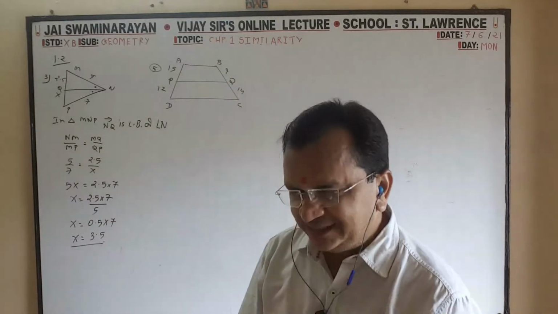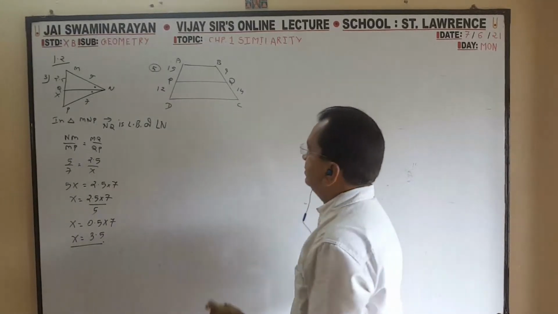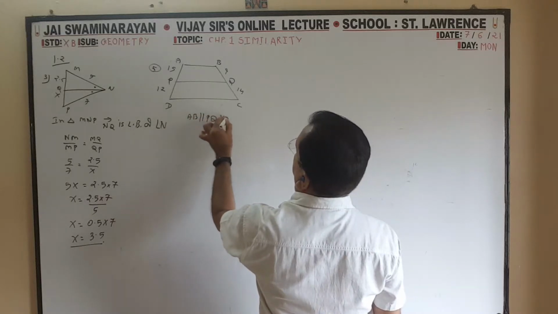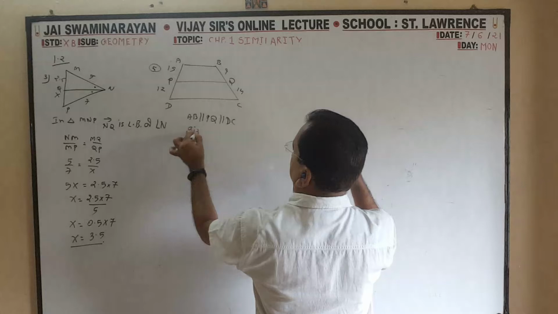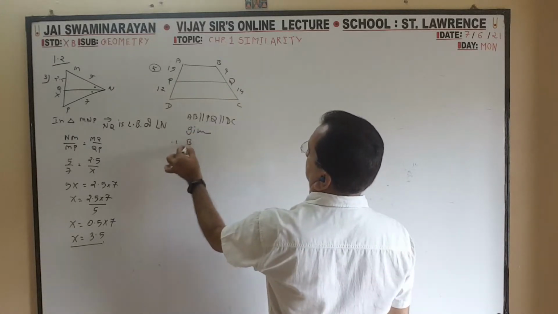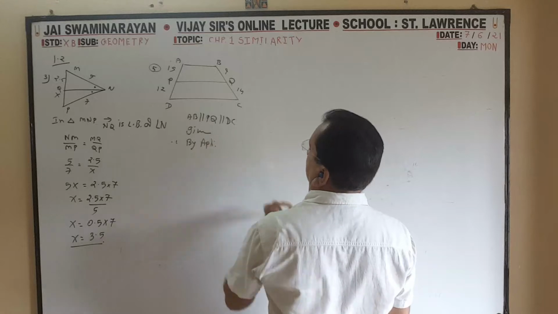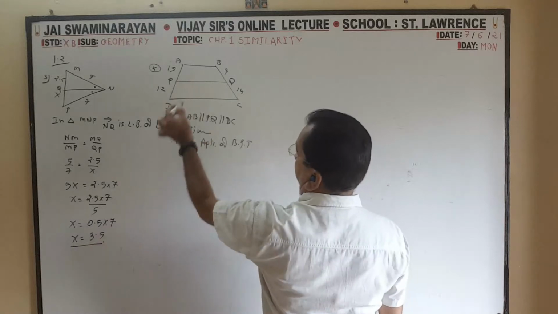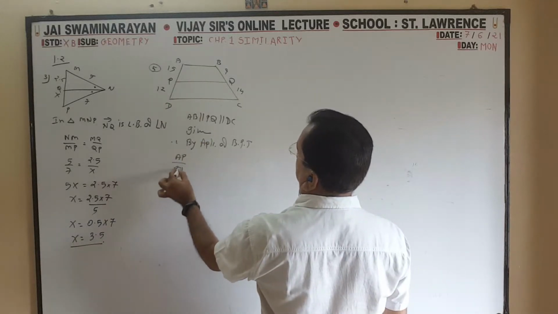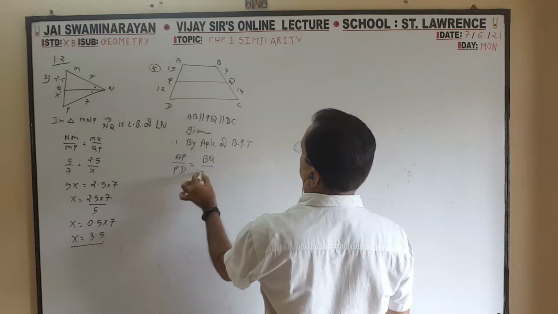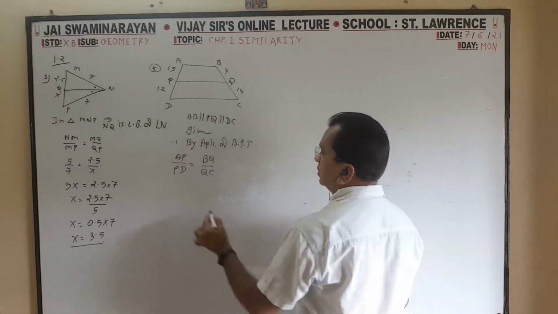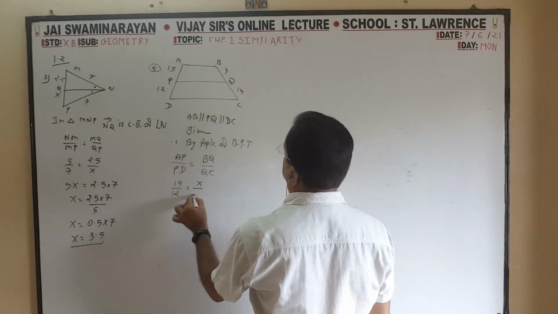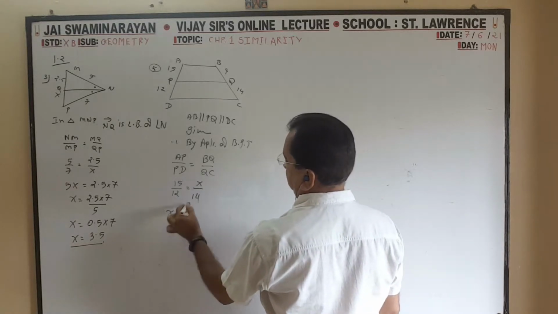When three lines are parallel, according to the application of BPT, AB parallel PQ parallel DC given. Therefore, by application of BPT, upper by lower, so AP by PD, BQ by QC, 15, 12, X, 40. We need X. This into this.